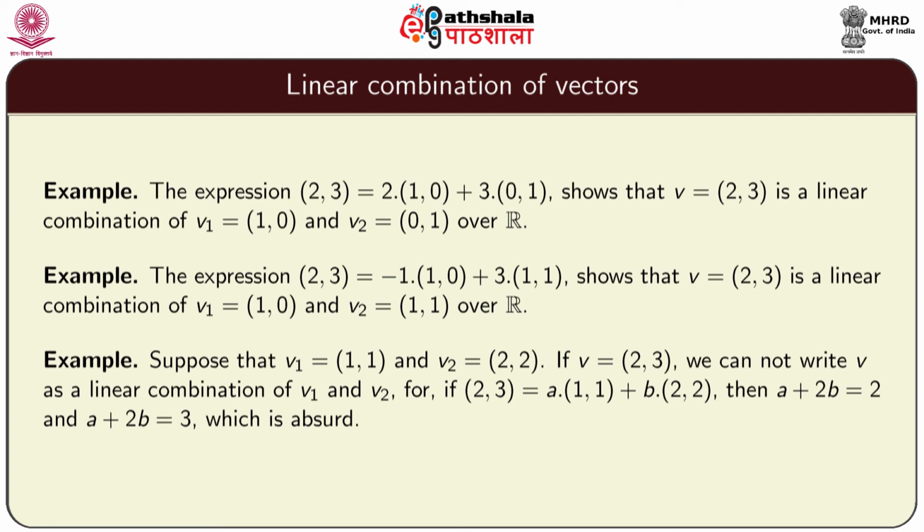And here geometrically it is easier to understand that 1, 1 and 2, 2 are actually sitting on the same straight line passing through the origin and the point 1, 1, and the vector 2, 3 surely does not lie on that line, and therefore, it is quite natural that 2, 3 cannot be written as a linear combination of V1 and V2 in this case.